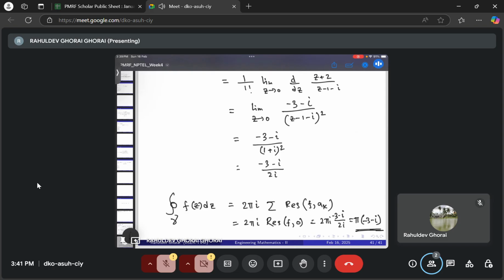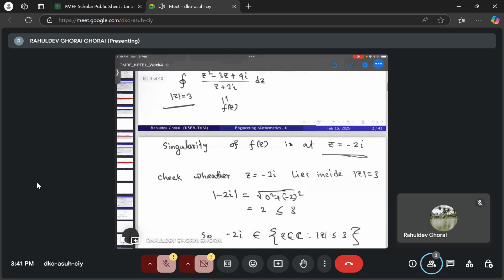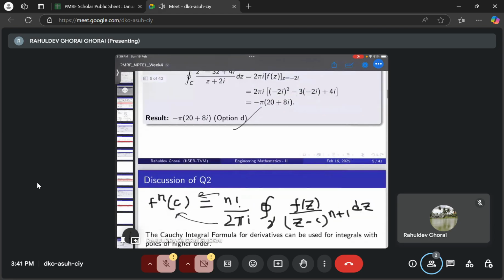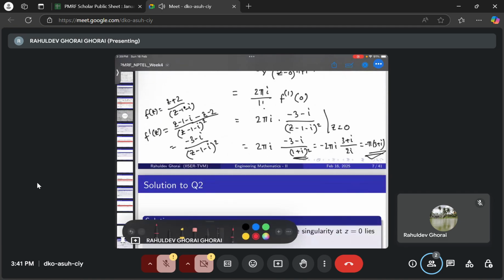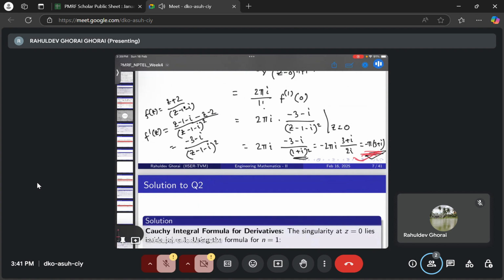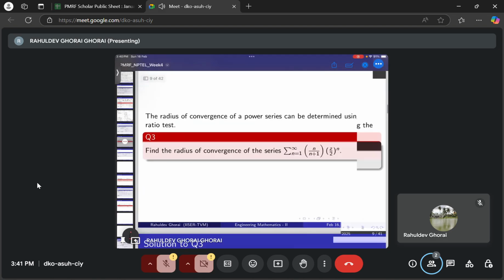So check whether we got the same result as when using the Cauchy integral formula. Pi times (minus 3 minus i). That's all. So we got the result using two different methods, but they give the same result, right? It's not a different result. That is the answer.